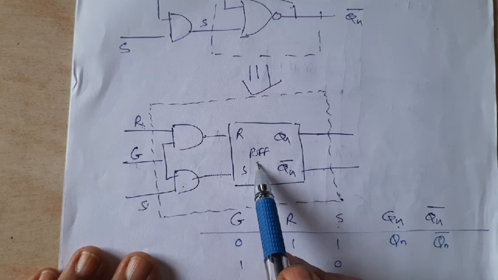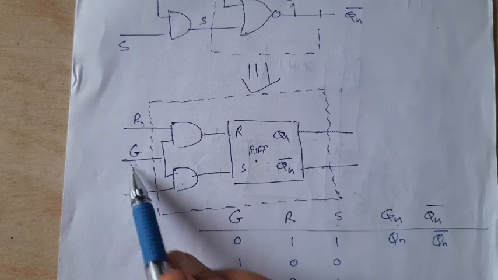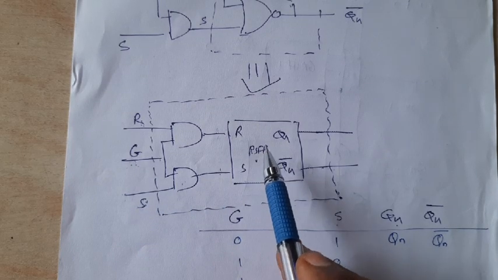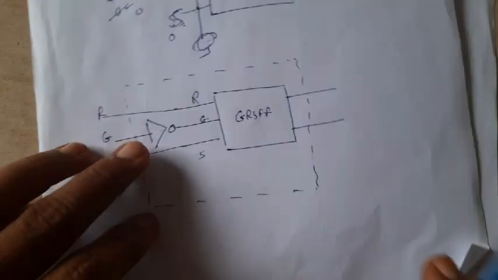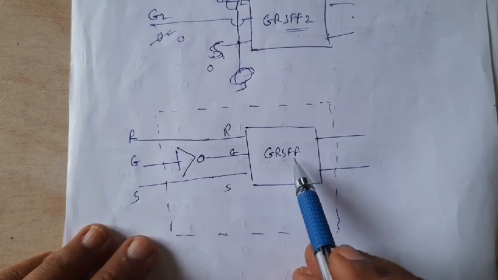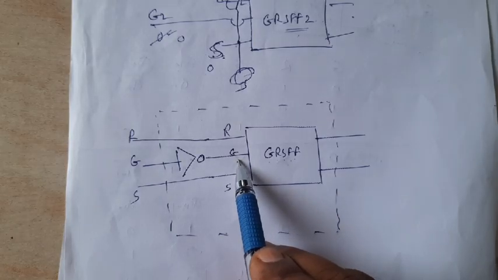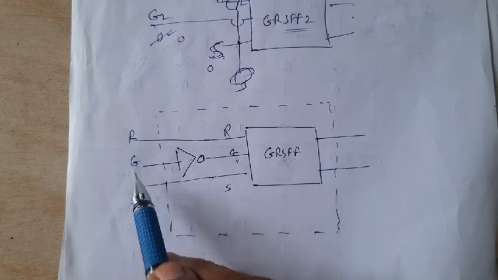It is enabled, whereas if gate is 0, it is disabled. Now what will happen? This GRSFF will be enabled if this G is equal to 1. But to have this G to be 1, this should be 0.